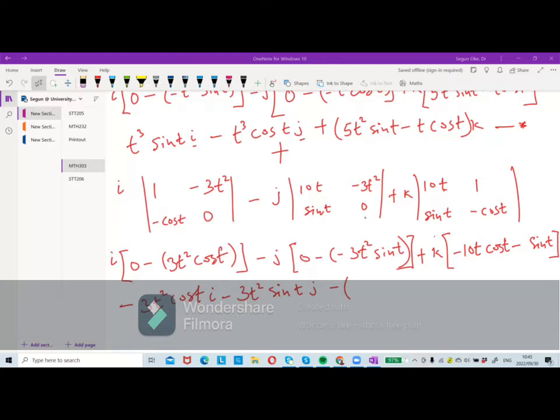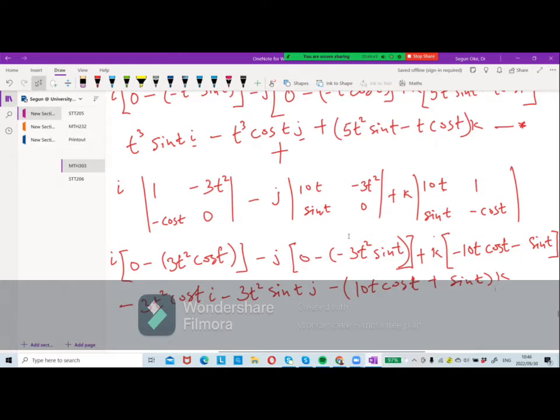You can factorize the negative out by saying 10t cos t plus sine t k. Any question on that? I've already taken the negative out, so when you open the bracket, it will still give you minus. Do you agree? Yes, sir.